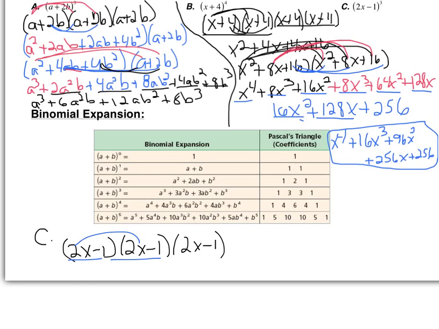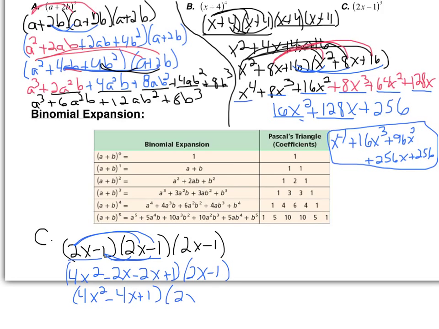So 2 times 2 is 4x squared. 2x times negative 1 is negative 2x. Negative 1 times 2x is negative 2x. Negative 1 times negative 1 is plus 1. So we have 4x squared minus 4x plus 1 all times 2x minus 1.